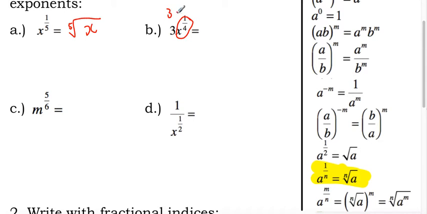So that's the same as 3 times x to the power of 1/4. So the 3 is going to stay there as a nice whole number. And then here, just applying the rule directly, the power of 1/4 is going to be the 4th root. So we put a little 4 there and put your x underneath the root sign.